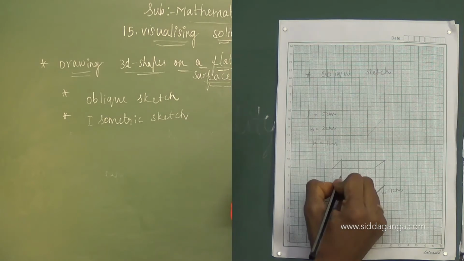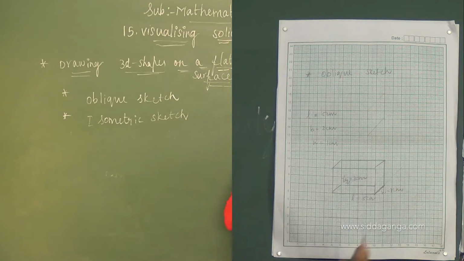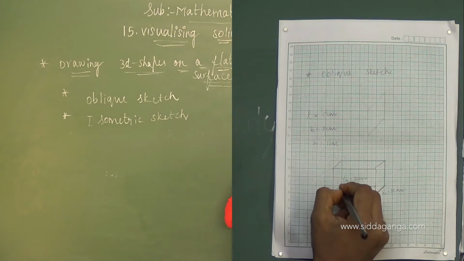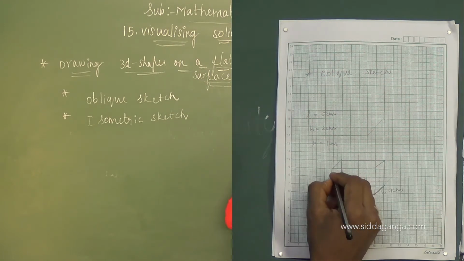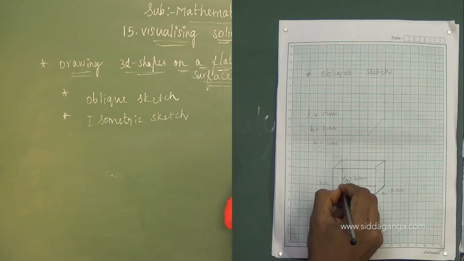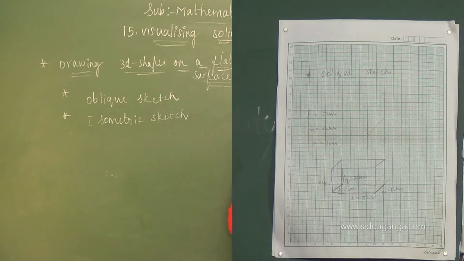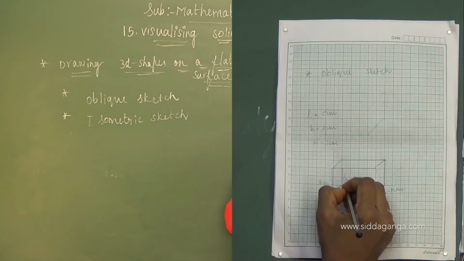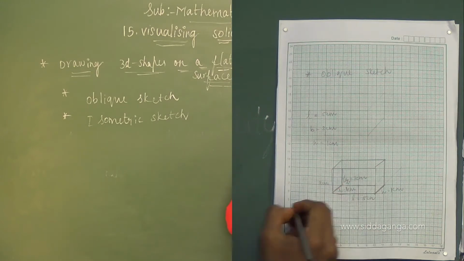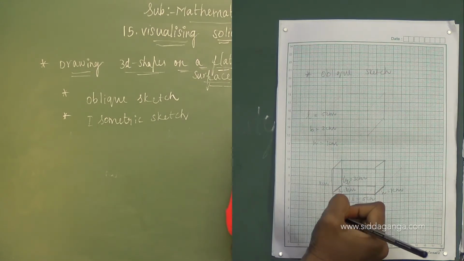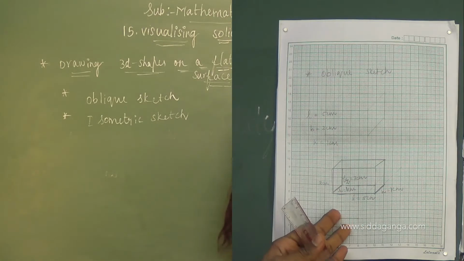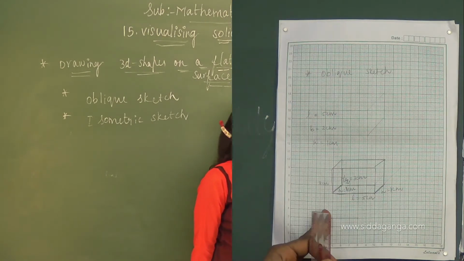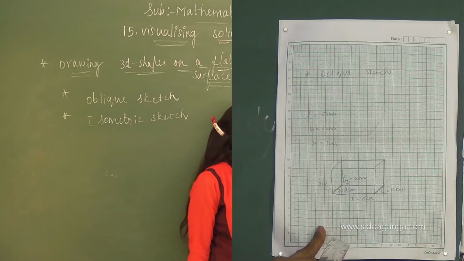In an oblique sketch the height is only 1 centimeter, that's why I am representing 1 centimeter through this box diagonally. Sometimes we can't represent properly in an oblique sketch, but in isometric dot paper we can represent the cuboid with the proper dimensions in proportionality.